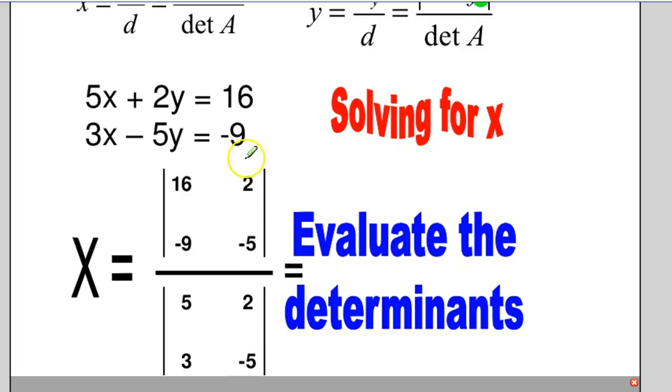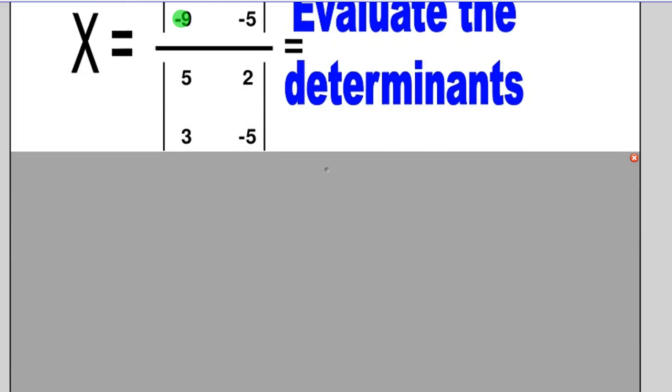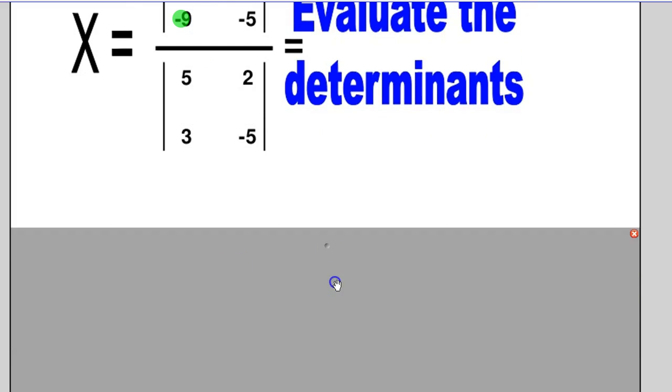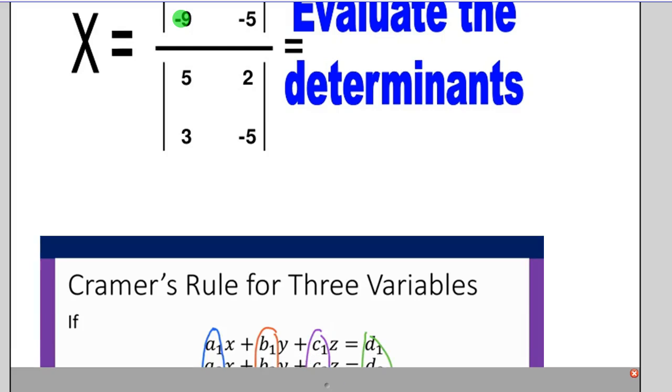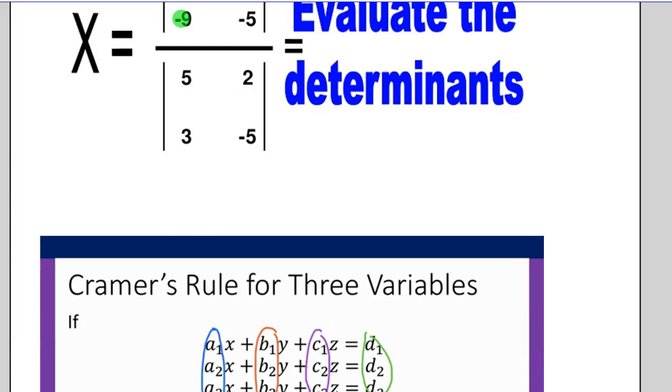And to determine our replaced coefficient matrix, we replace the X column with 16 and negative 9. Okay? And then we evaluate the determinants and we get our answer for X. And we're going to do the exact same thing for Y.